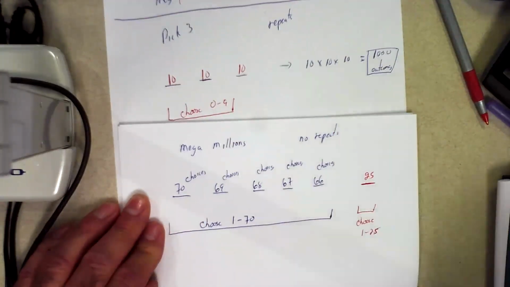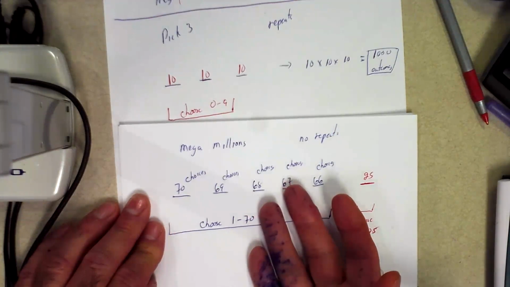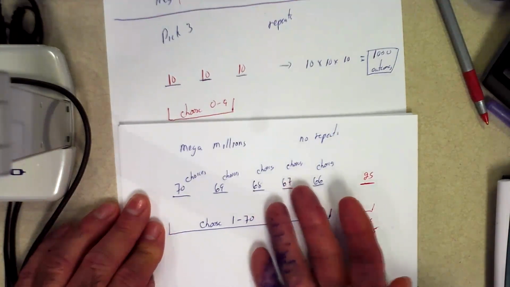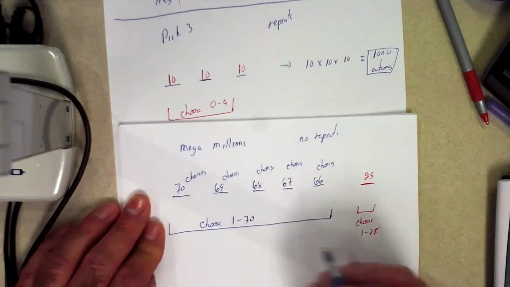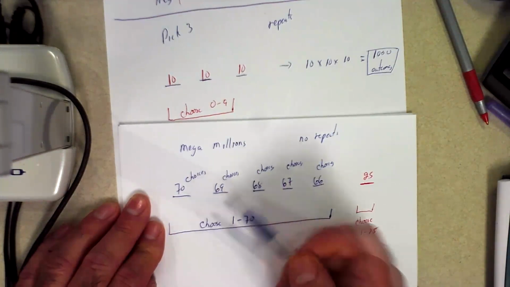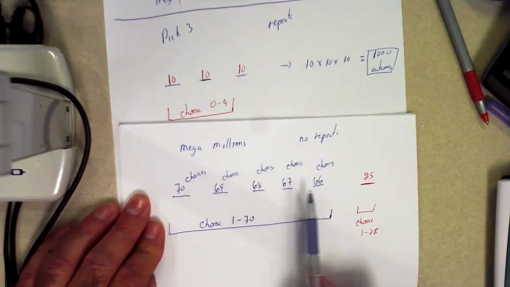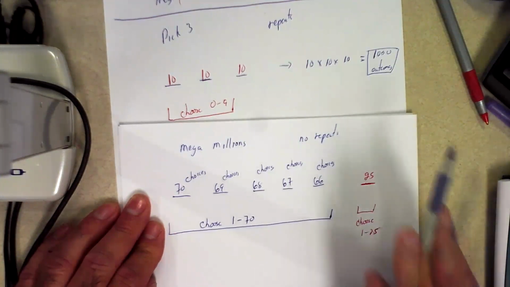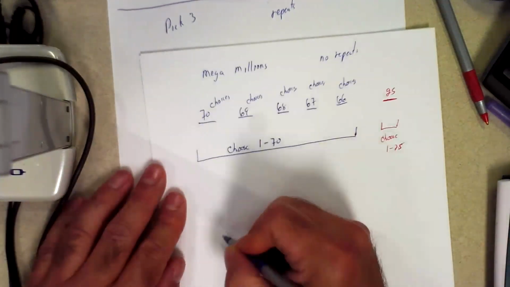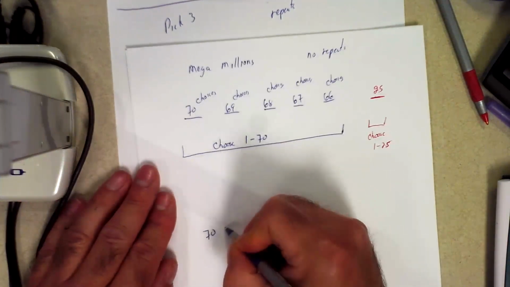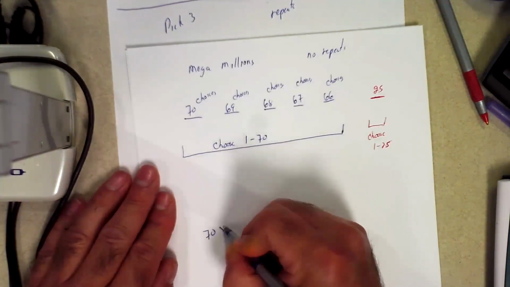So how many different tickets, or sets of numbers, can I choose for Mega Millions? Well, if I use the fundamental counting principle, multiply 70 times 69 times 68 times 67 times 66 times 25, and that'll tell you the number of different tickets that we can generate.